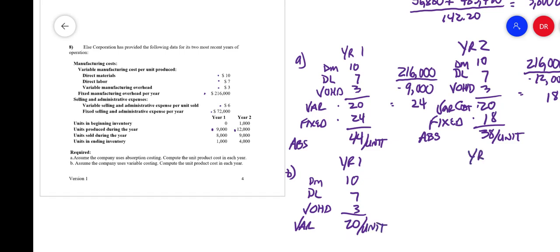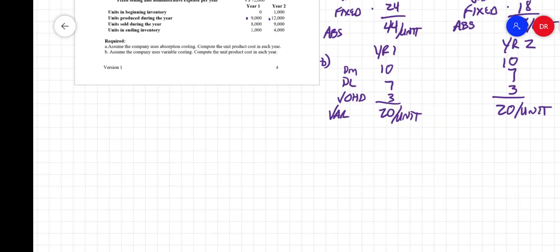Year 2, none of this changes. We use the same numbers because they give us the same numbers for each year. So again, we have $20 per unit. Okay. So that's number 8, and that comes from chapter 6.